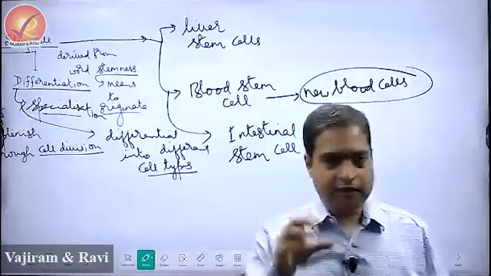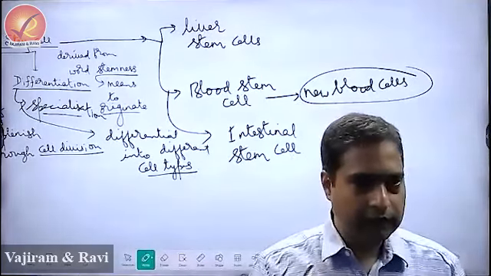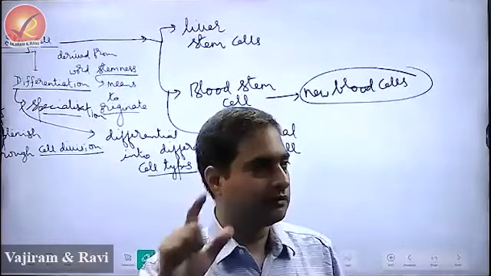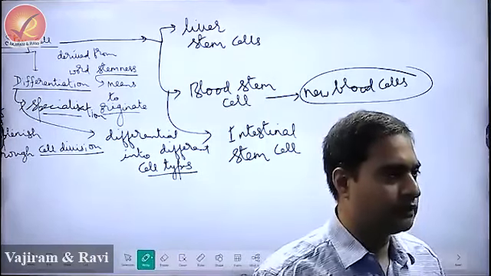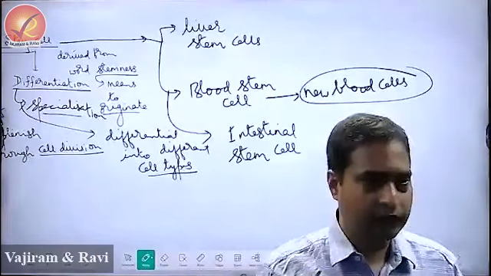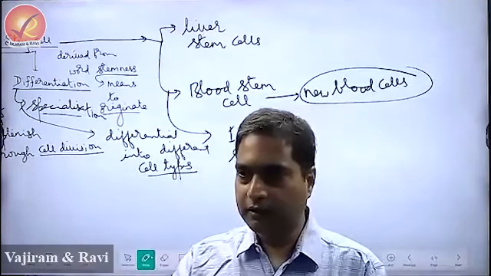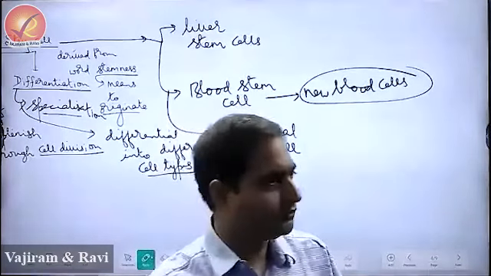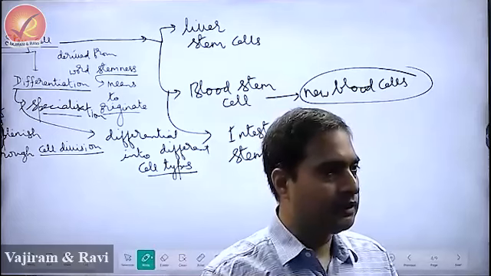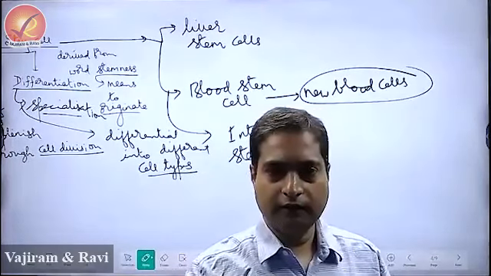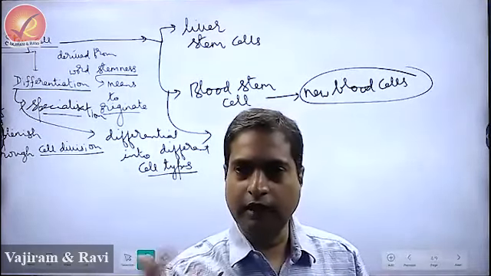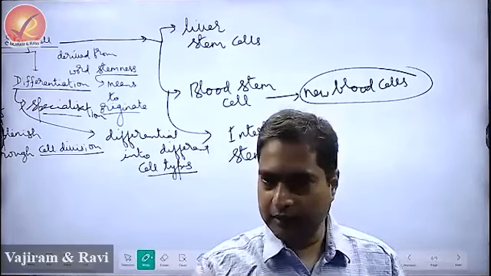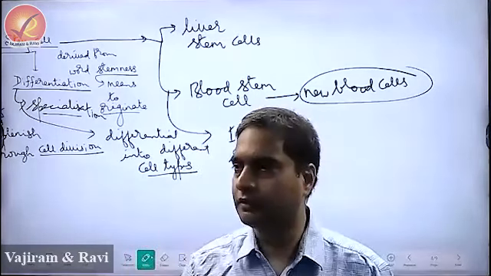So wherever these stem cells are present in your body, that part of the body will show continuous regeneration and repair. Wherever these stem cells are not there, that part of the body is damaged forever. There is no repair. For example, heart muscle death, that is called heart attack. That part of the heart muscle is damaged forever.